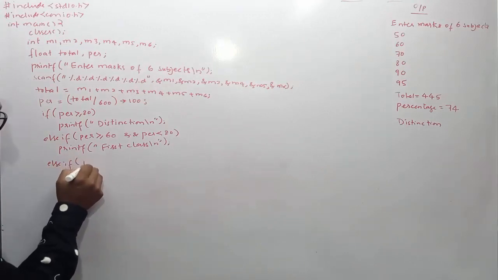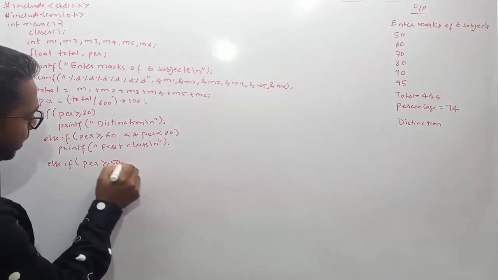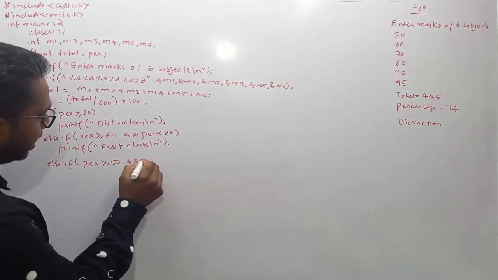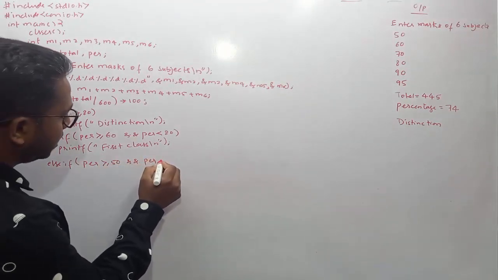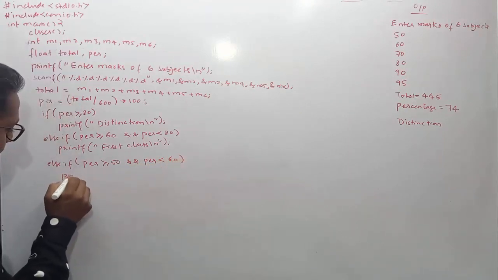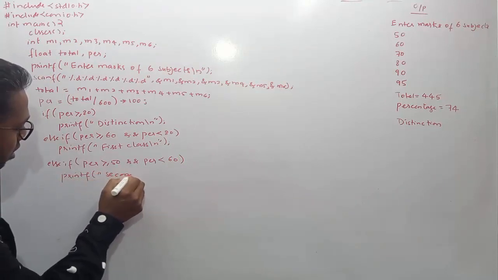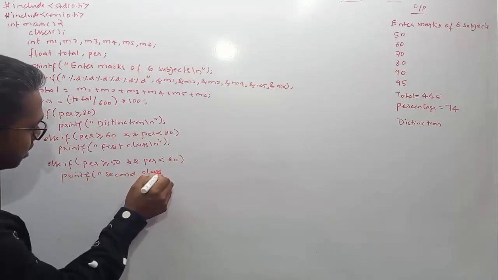Next, I need to check for the second class. Else if percentage is greater than or equal to 50 and percentage is less than 60, then printf second class.